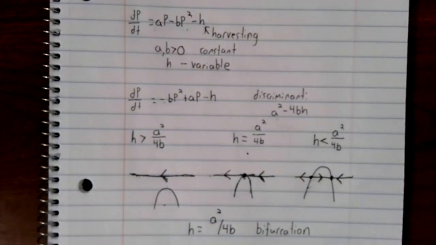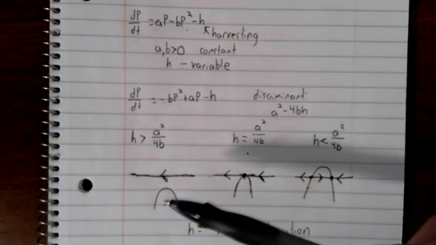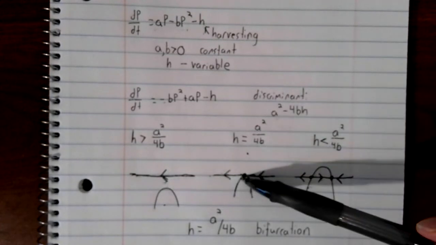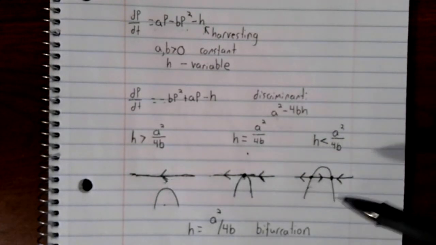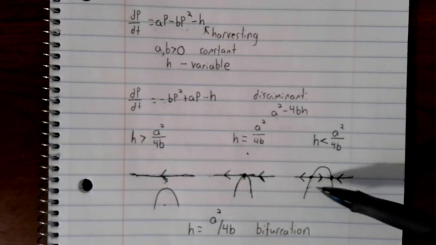That is to say, it's a cutoff point where fixed points are created, destroyed, or change stability. Above this value, there are no fixed points. At it, there's one. Below it, there are two.